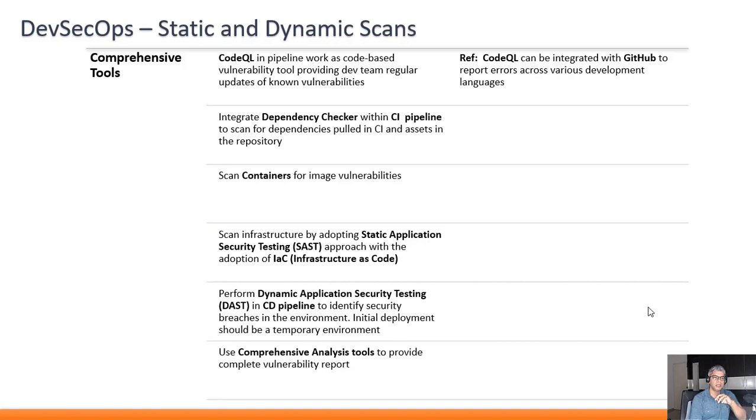So dependency checker is going to pull out the assets that are part of the check-ins and look into some of the dependencies. It will scan those dependencies. It's going to scan the containers for image vulnerabilities.